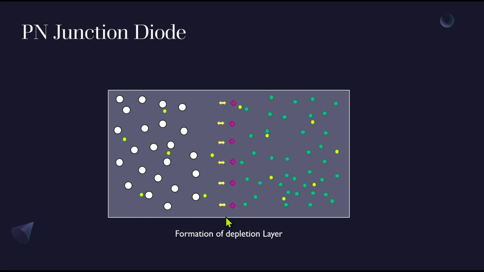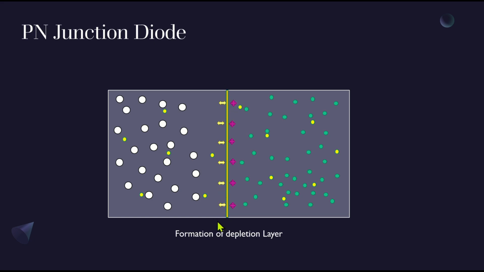Due to the presence of these charges, when they fill the whole junction, it forms a layer. This layer, as we can see here, will not allow further flow of electrons or holes. How is that possible?